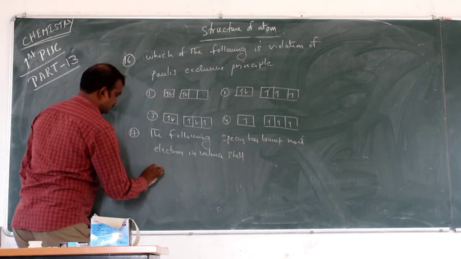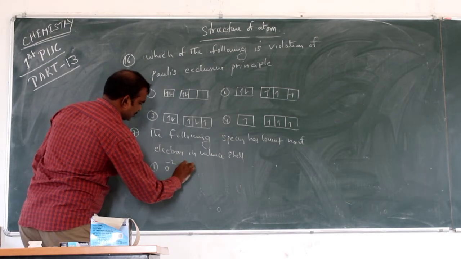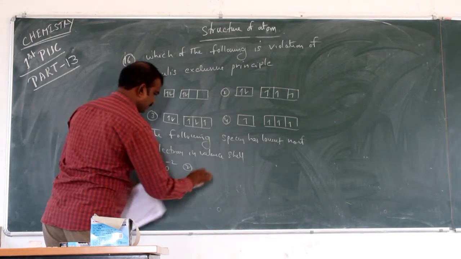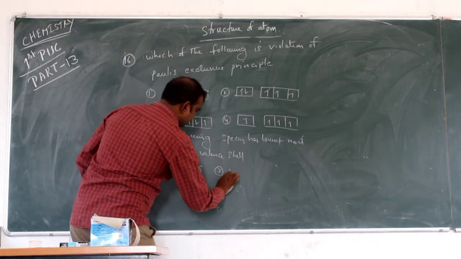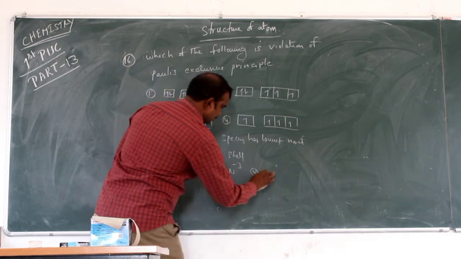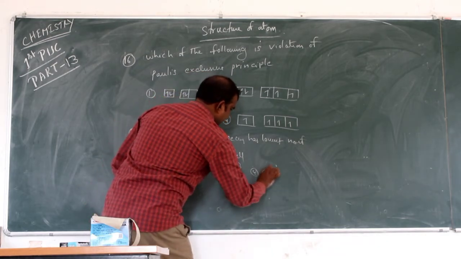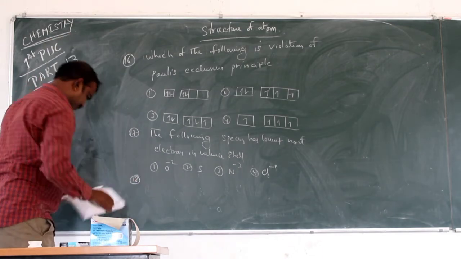See here, first one O minus 2. Second one S. Third one N minus 3. Fourth one Cl minus 1. Next, 18th one.